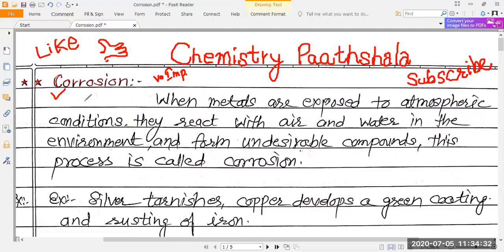Whenever any metals, maybe more reactive metals, when they are exposed to atmospheric conditions, and the atmospheric conditions may be when the metal surface comes in contact with air and water and moisture, then their upper surface forms an undesirable compound, meaning an unwanted compound forms on the surface of the metals, and this process is called corrosion. This is the simple way to explain the corrosion.